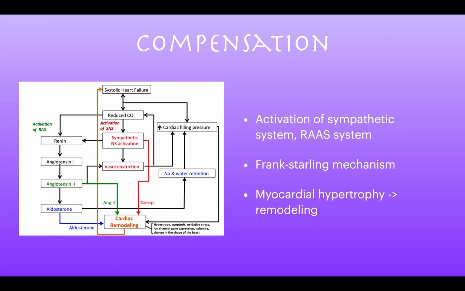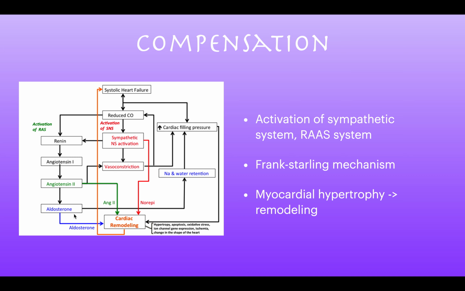Compensation is going to be the activation of the sympathetic system and the renin-angiotensin-aldosterone system, so it's going to be overactive. This person is going to have high blood pressure. At first, it's pretty good. It actually compensates thanks to the Frank-Starling mechanism. With the reduced cardiac output, there's going to be increased peripheral system pressure to increase the cardiac output.